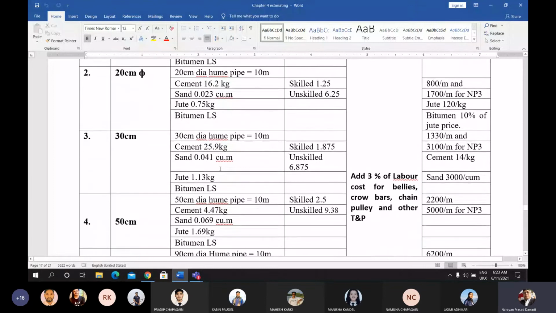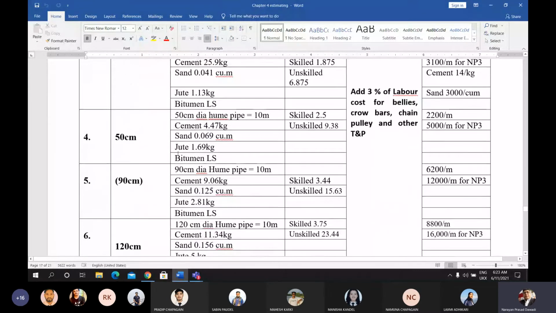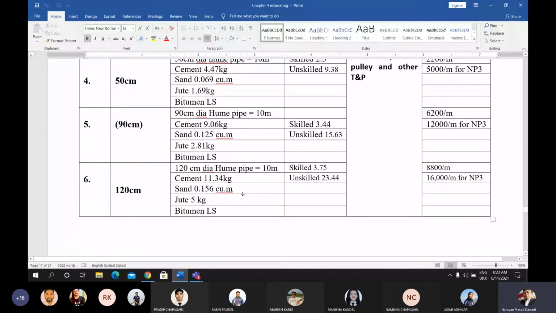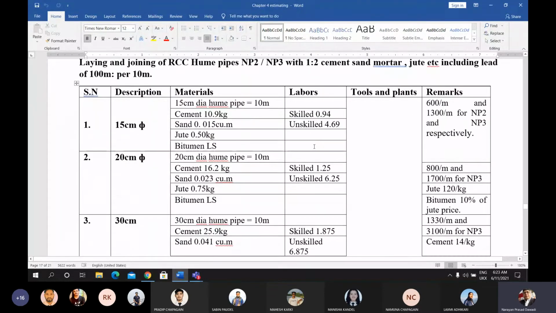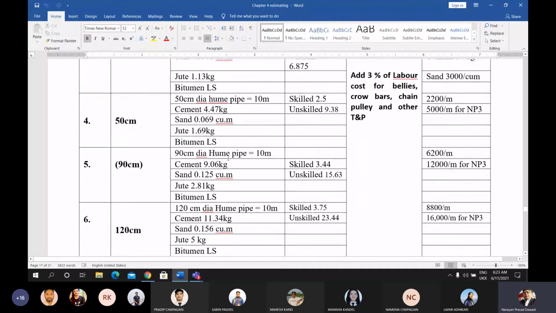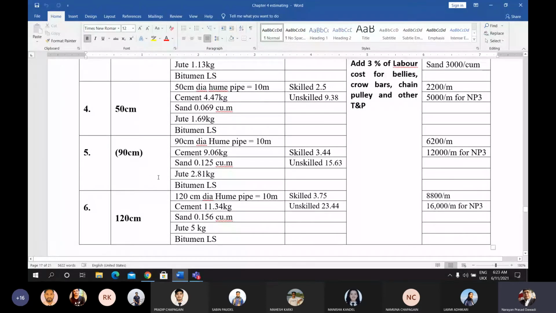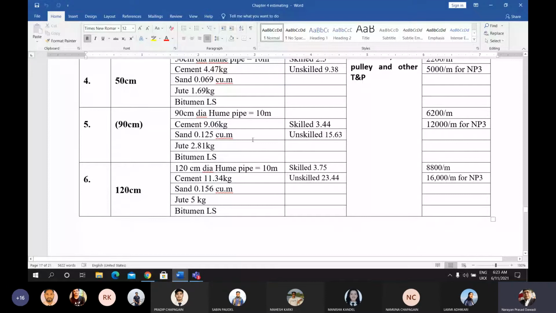In a similar way, you can do the rate analysis for 30 centimeter, 50, 90, and 120 centimeter. In the exam, if the diameter of the pipe is not specified, then do it for the diameter of 90 centimeter. Okay, for the 90 centimeter diameter pipe, a 10 meter long pipe is required.